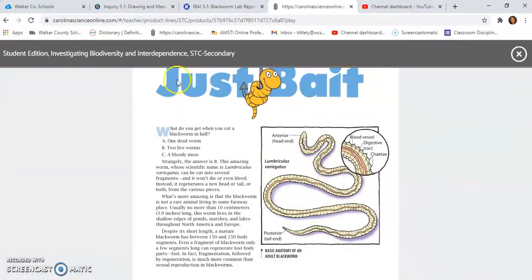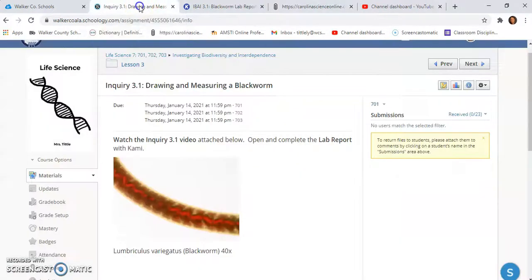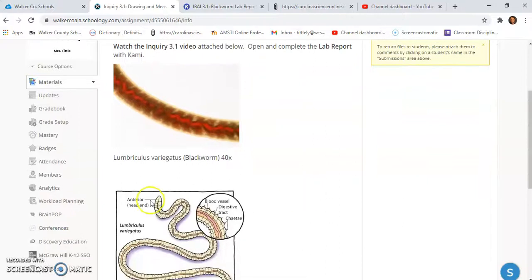If you'll look back out to the assignment and scroll down, I have given you a shortcut to that picture right here. So you have your microscope view of the blackworm on 40x, and you also have the diagram that you would use to label your microscope drawing.